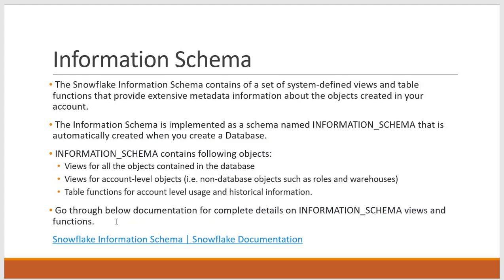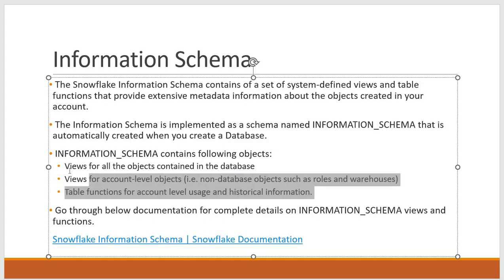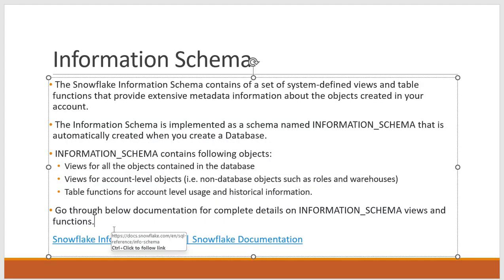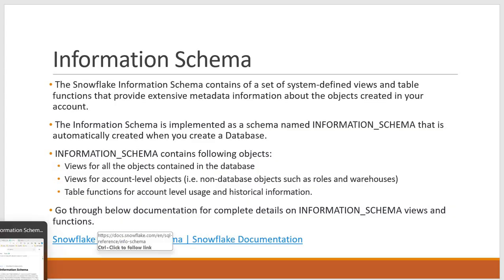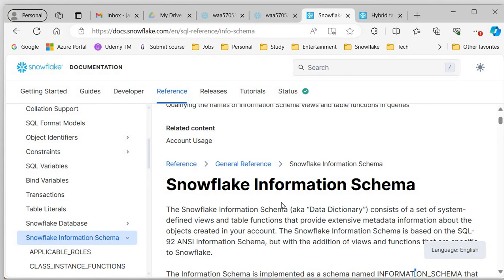I'm not going to explain all these objects in detail in this session because it is clearly documented in the Snowflake documentation, and I'm providing the link for that documentation. You can go to this link and see what objects are present and what is the use of each and every object and each and every function. This is the Snowflake documentation.